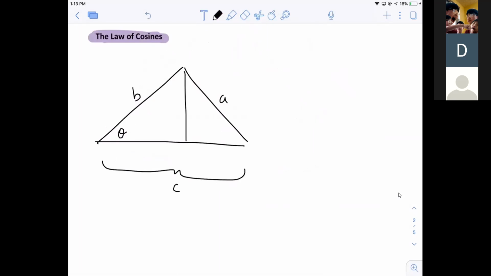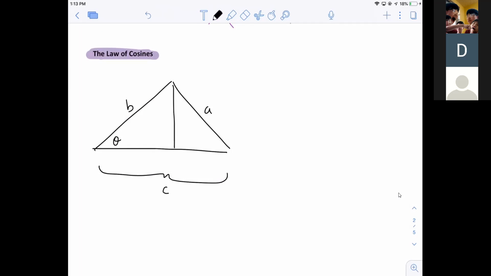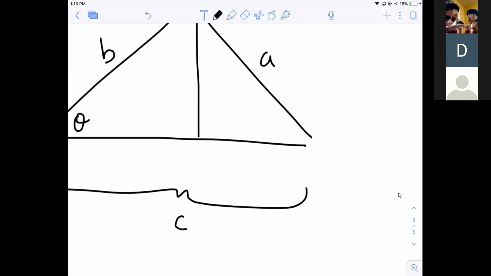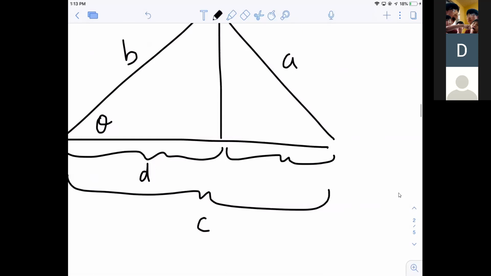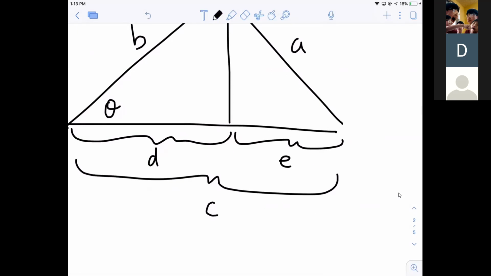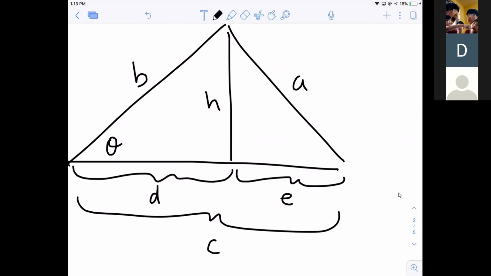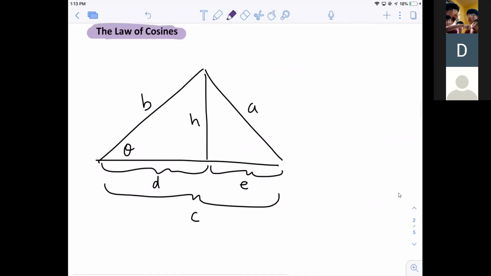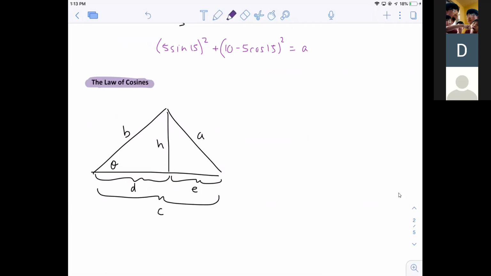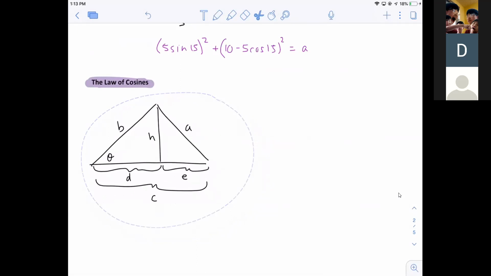It's the same setup as before. So I'm going to break these down into their parts again. I'm going to call this piece a length of D, and this piece here a length of E. And let's call that H. So if you remember what we did last time, we found H, right? And we found a length of E. So let's do the same thing here, but in general, and let's see what happens.